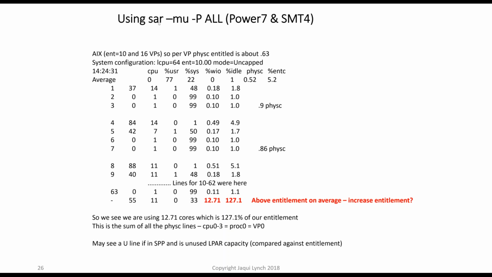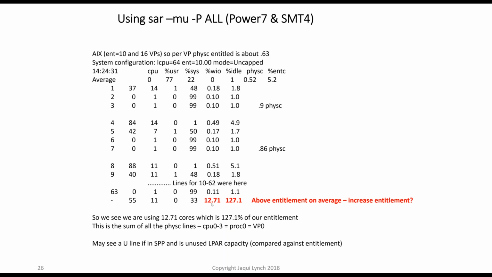So in the sar -mu, this is actually a real pain to look at if you have like 128 logical CPUs or anything like that. But what it will give you is the phys-C for the LPARs that are running. And down here you can see the individual threads. So we have 0, 1, 2, 3. This happens to be SMT4. So I can actually do the math and figure out what they're actually all using.